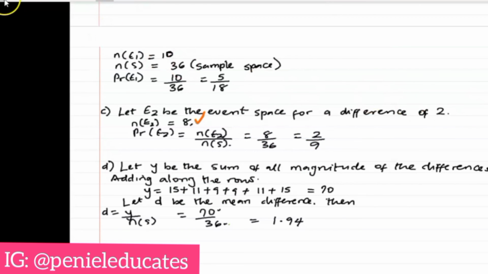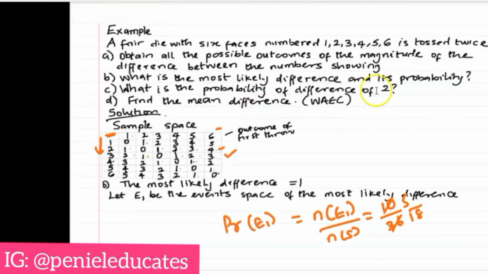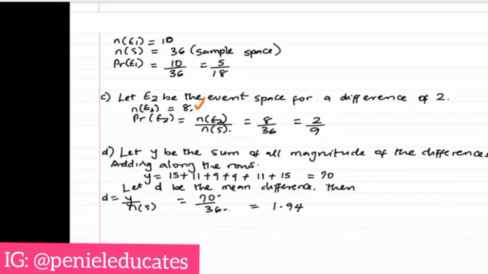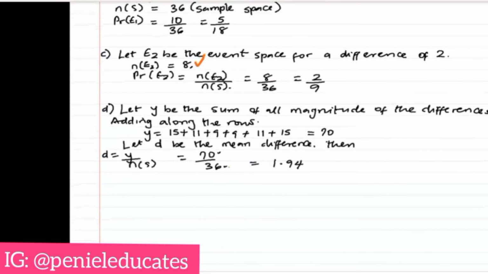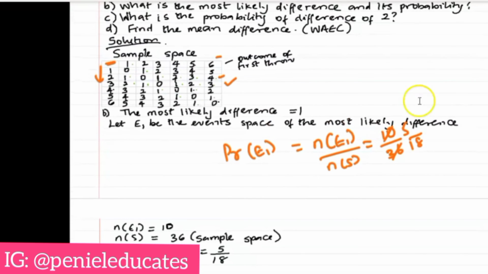Then we are asked to find the mean difference. What we're going to do for that is to sum up all the magnitudes of the differences. So if you sum up, like this one, 0 plus 1, this is 3, 6. This is 10, this is 15. Then you sum all this one, 2 plus 1, 3, 3 plus 1, 4, 4 plus 2, 6, this is 9.